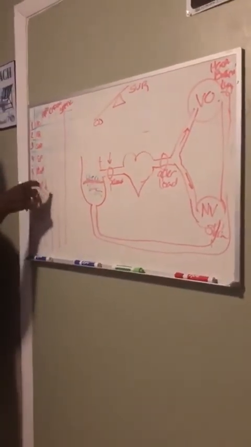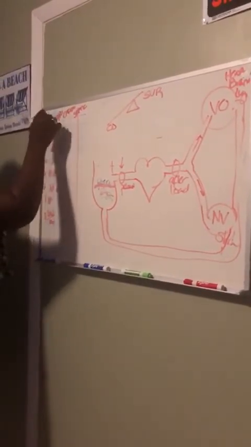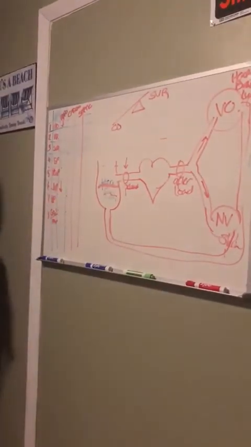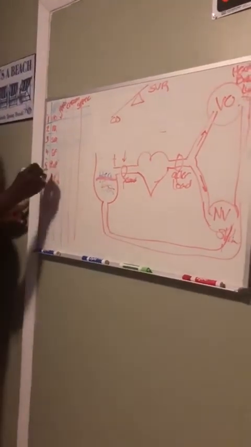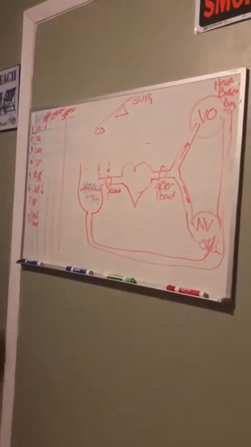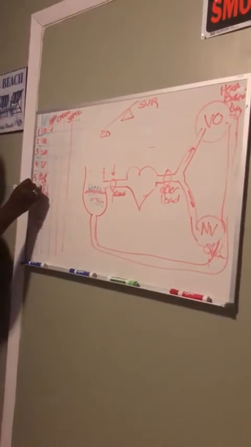So after you have looked at your JVP, the next thing you're going to look at is your cardiac output. Cardiac output is going to drop. Now, when you look at PCWP, this is measured in the left atrium. Your jugular venous pulse is measured in the right atrium.